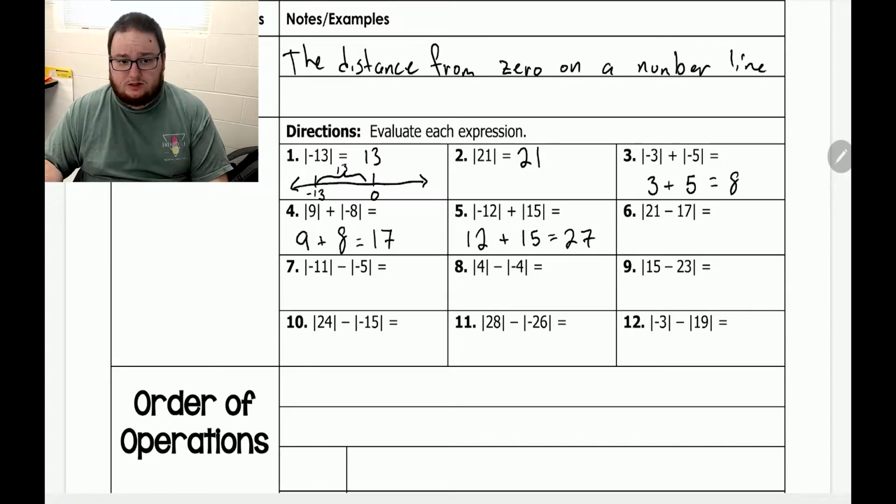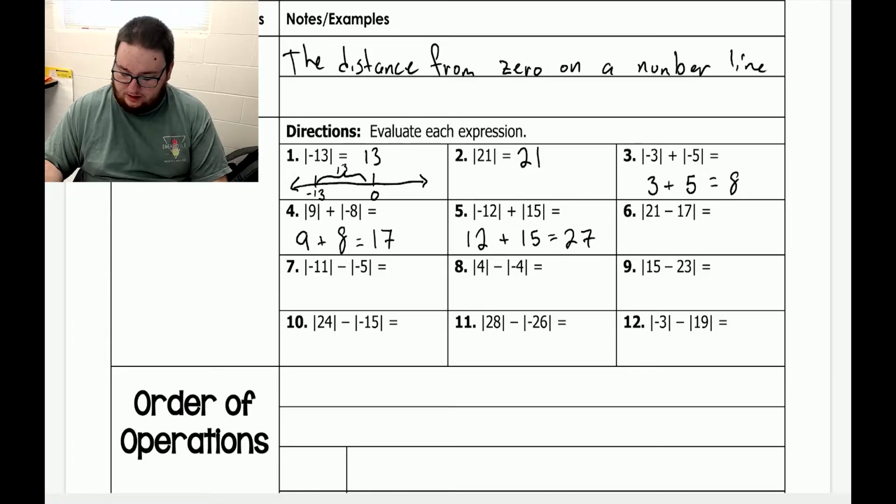Now if you look at number 6, we changed it just a little bit. You can consider absolute value symbols to be like parentheses. Whenever we're following order of operations, we have parentheses, exponents, multiplication and division, and then addition and subtraction, and that's the order in which we do it.